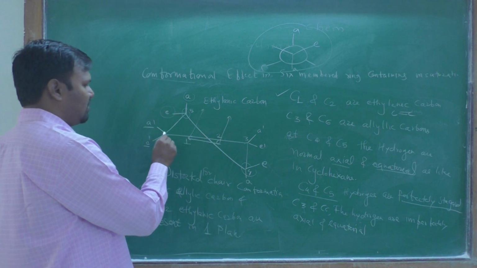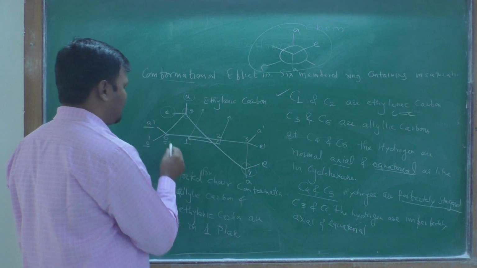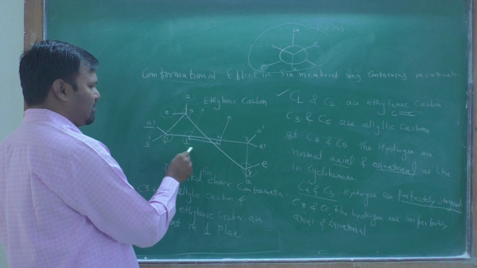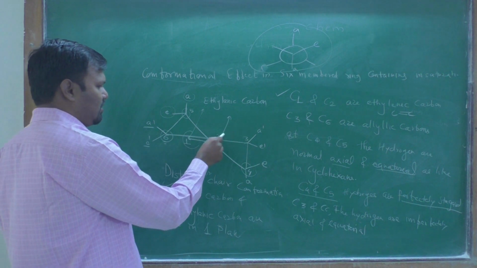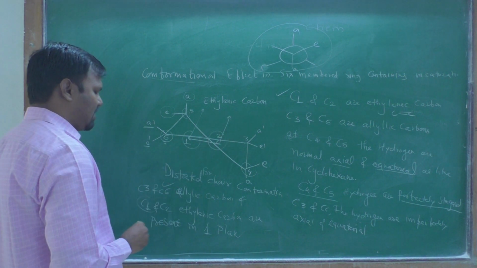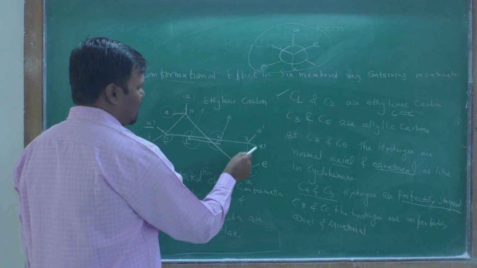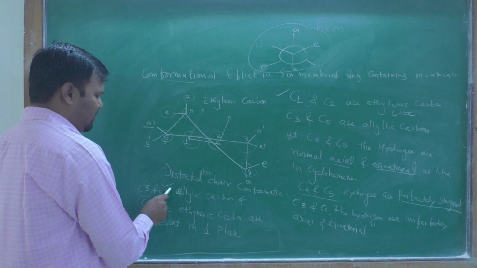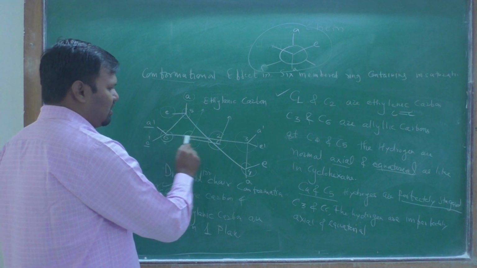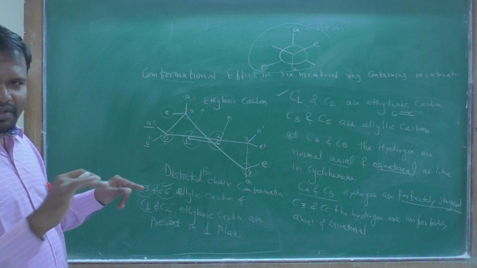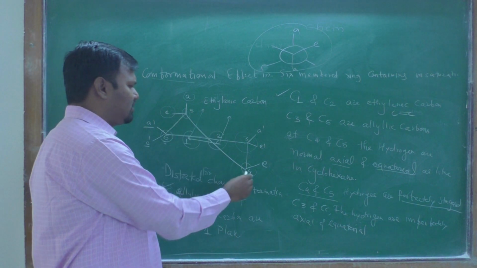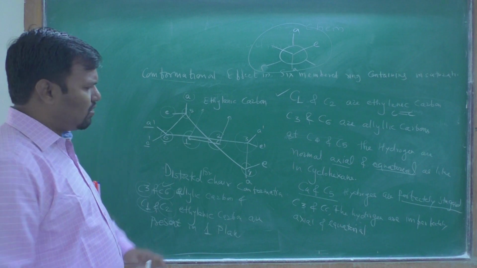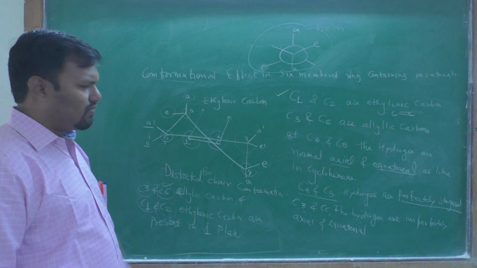In a single plane you observe carbon 6, the allylic carbon, then carbon 1 and carbon 2, both ethylenic carbons, and then carbon 3, an allylic carbon. Only these two are distorted away from each other.